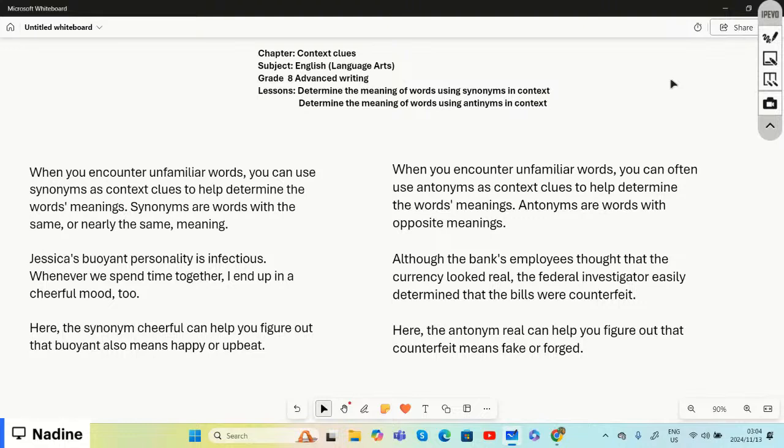So when it comes to context clues, firstly, our chapter is context clues.